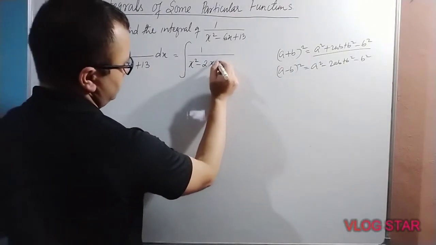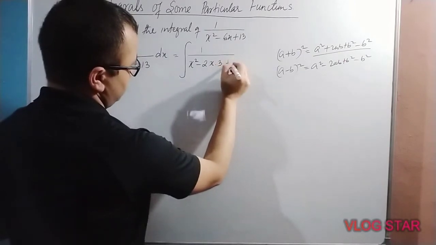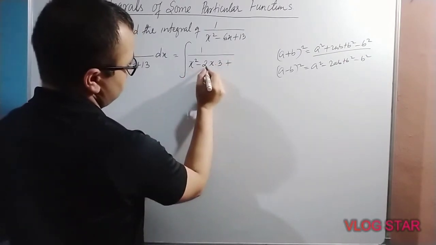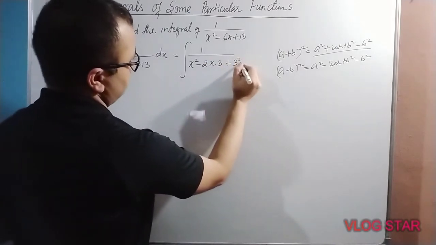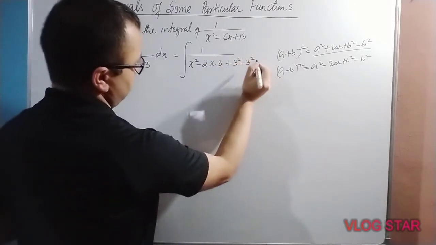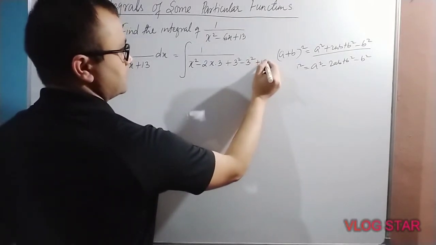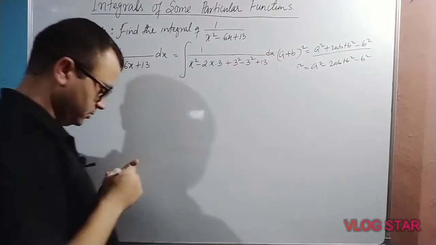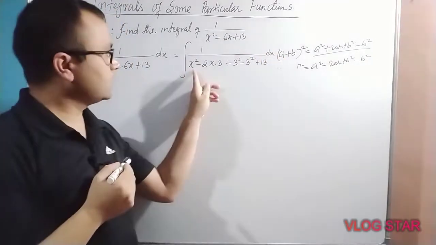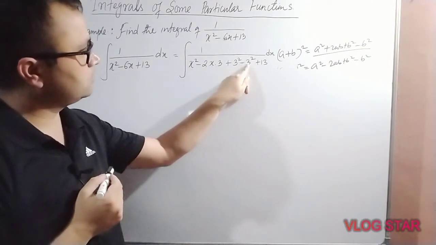Now b is this number, plus a square minus 2ab plus b square. Now again we have to put minus b square plus 13 dx.